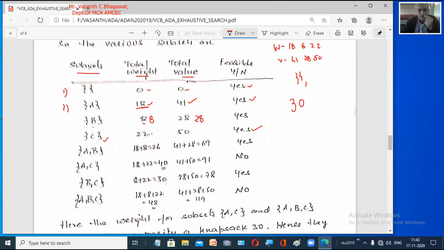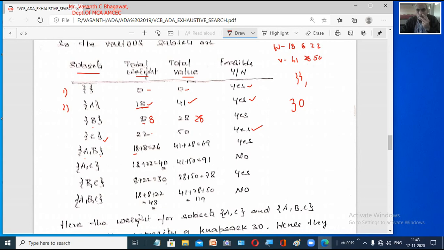Now you take combinations. Next you select 2 items, A and B, and see whether it is feasible or not. What is the weight of the first element A? The weight is 18, and the second element B's weight is 8.